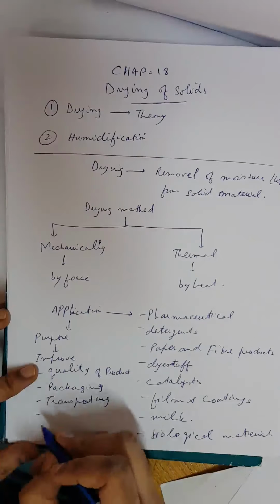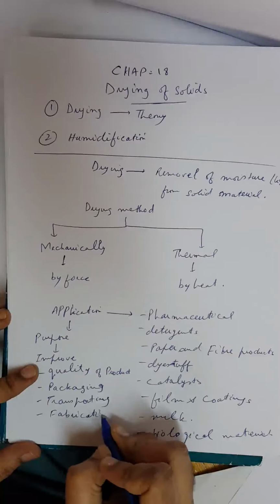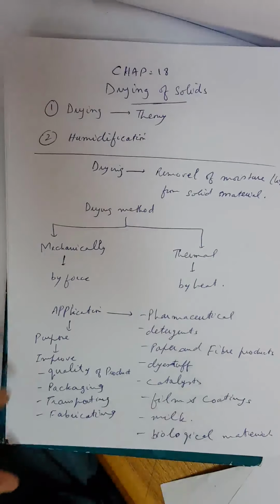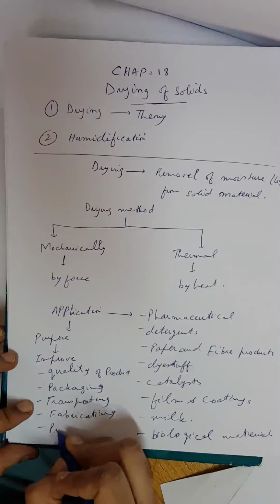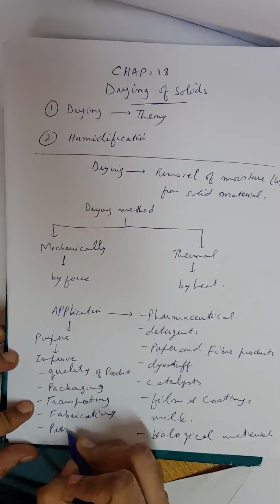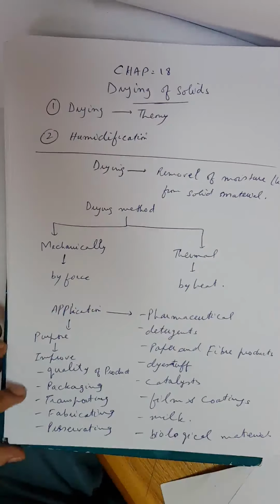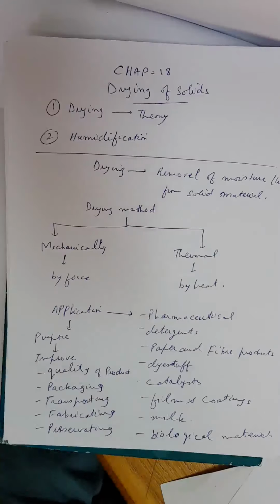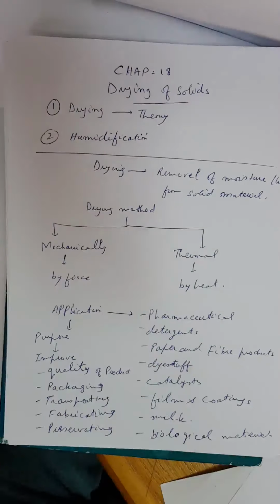And fabricating: you can easily fabricate dry material in different shapes. Preservating: because there is no moisture, you can preserve for a long period of time, like food materials.